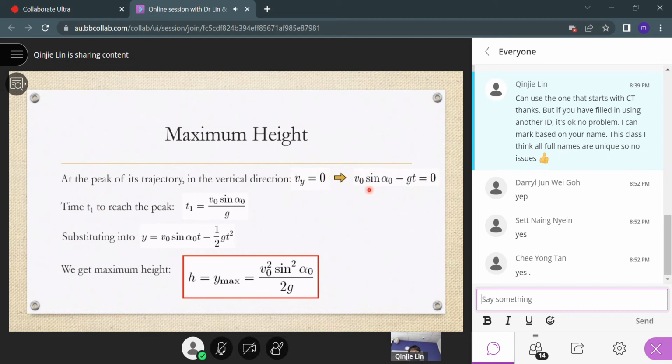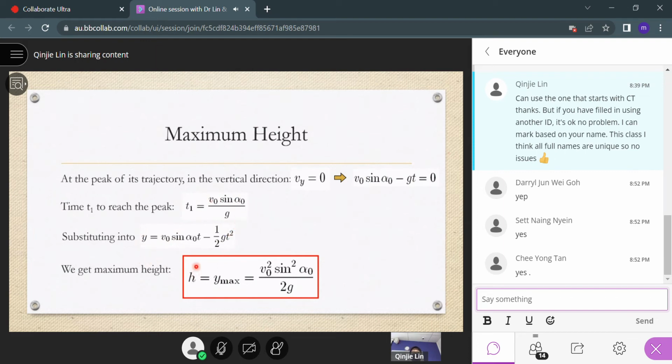If you put it into this equation, v equals u plus at for the y direction, you will be able to find an expression for the time taken to reach the peak. Then you use this in another equation with distance, in this case s equals ut plus half at squared for the y direction.